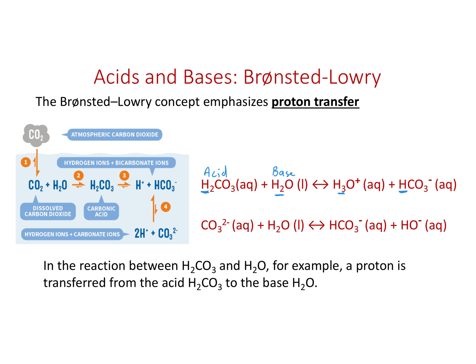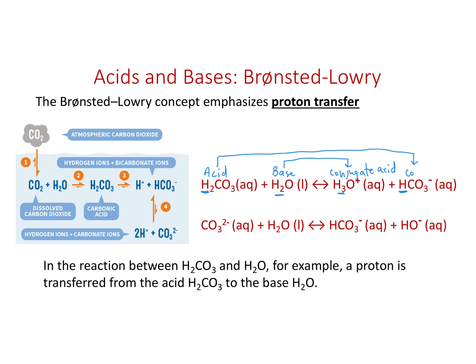In all acid-base reactions, we're also going to have a conjugate acid-base pair. And so in this reaction, water and hydronium are linked because my base in the forward reaction needs to behave like an acid in the reverse reaction. So that makes this the conjugate acid. And then my acid in the forward reaction needs to behave like a base in the reverse reaction.